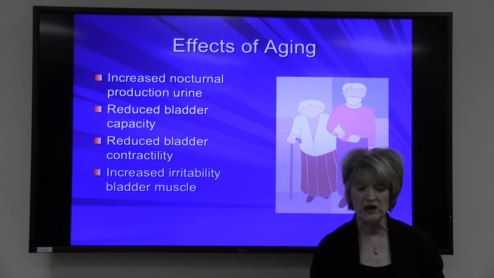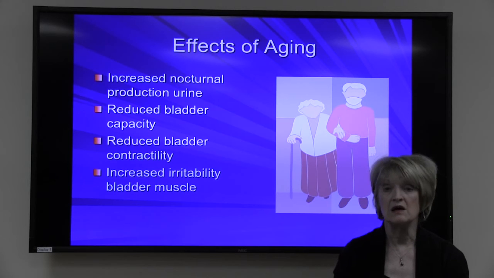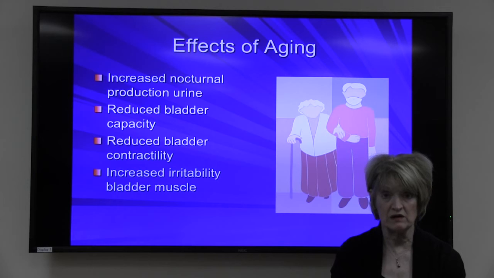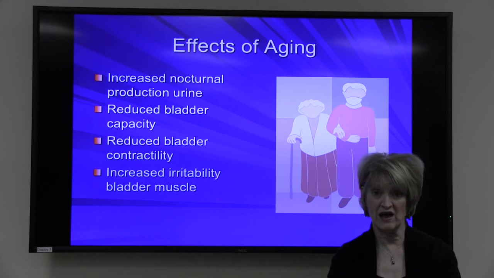So first of all, we know that older people make more of their urine at night. Young people rarely get up at night to void, whereas it's very common and considered normal for people over 65 to get up once or twice a night to void. And that's partly because with aging we produce less ADH at night, and so we don't concentrate our urine as well at night, and we actually produce more urine at night.